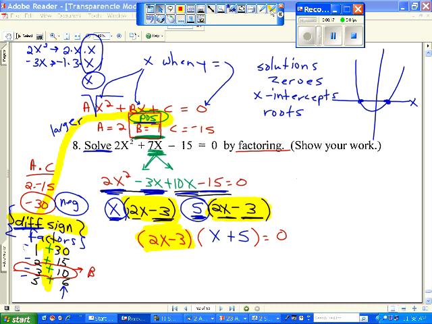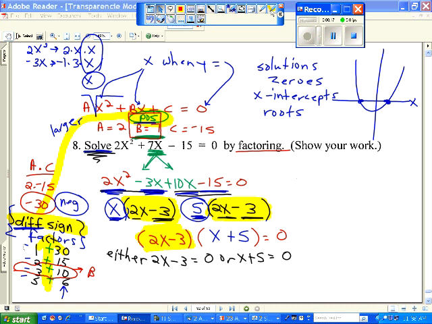And then it says the solutions to a quadratic may be found by factoring only after what? You set each factor equal to 0 and solve. The solutions to a quadratic may be found by factoring only after you set each factor equal to 0 and solve.